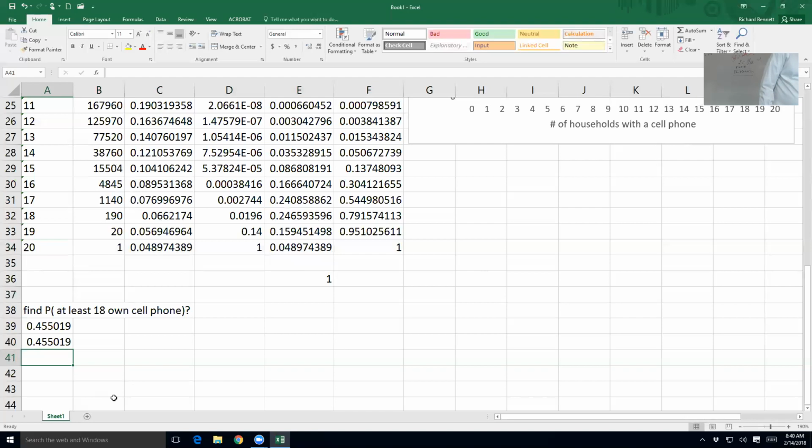Okay, let's see how good you are. Find the probability that the cell phone use number is between 15 and 17 inclusive. 15 to 17.